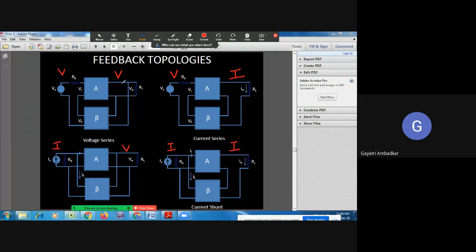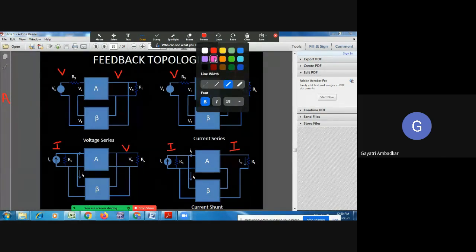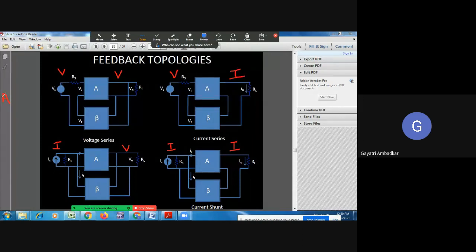So at this you will find output is voltage and input is also voltage. So this is called a voltage amplifier, because for this amplifier, both the signals are voltages.